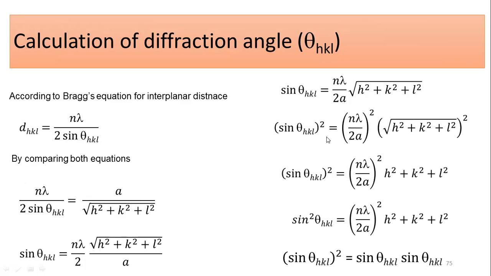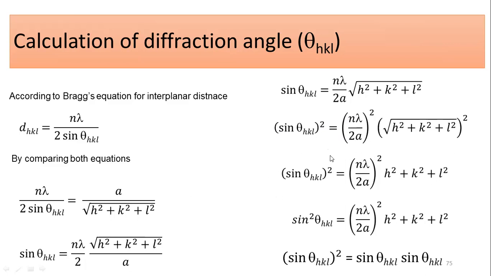Again, sine theta HKL, rearranging this equation, equals lambda over 2a times the square root of h square plus k square plus l square. And when you take the square of this, the square and the square root cancel out.